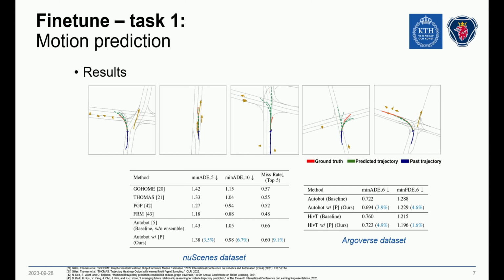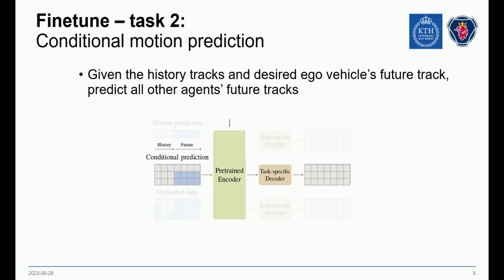Compared to the baseline, the application of random mask shows marked improvement in the metrics, including mean ADE and miss rate for the top 5 in 2 meters. In Argoverse, we incorporate two methods, AutoBot and HiVT. Both of them show a positive impact from masked pretrain, resulting in a decrease of ADE and FDE.